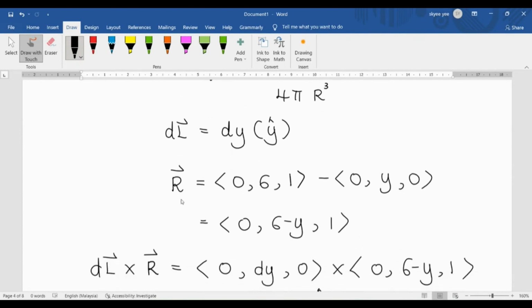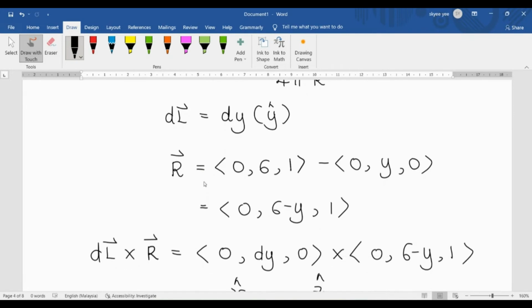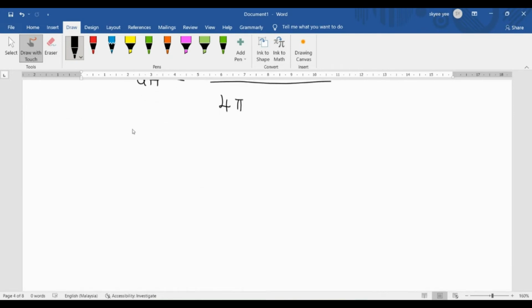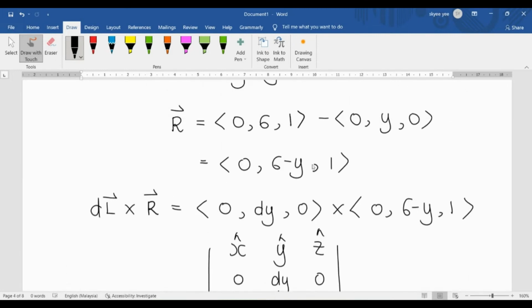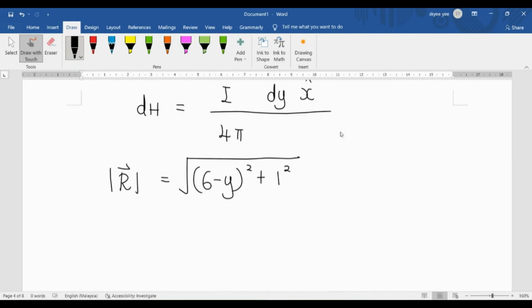Just now you already got the r. To find the magnitude, it is equal to the square root of 6 minus y squared plus 1 squared.